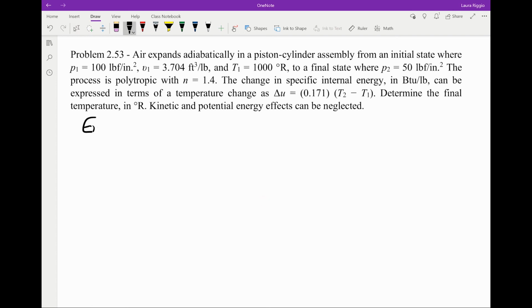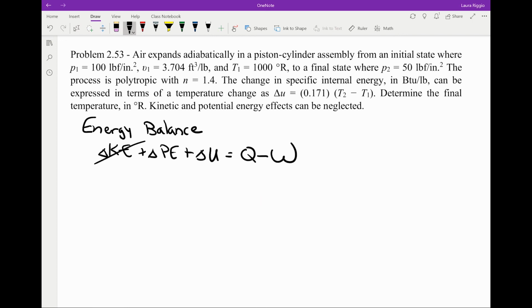So we write down our energy balance. We're going to have that our change in kinetic plus our change in potential plus our change in internal equals our heat minus our work. There's no change in kinetic and there's no change in potential energy as stated in the problem.